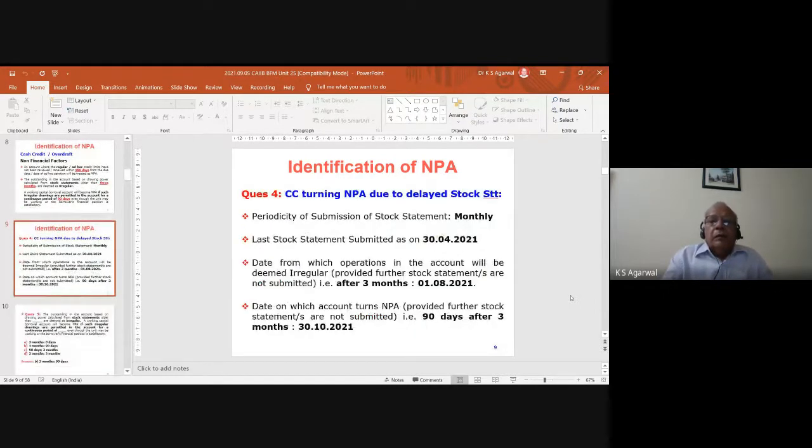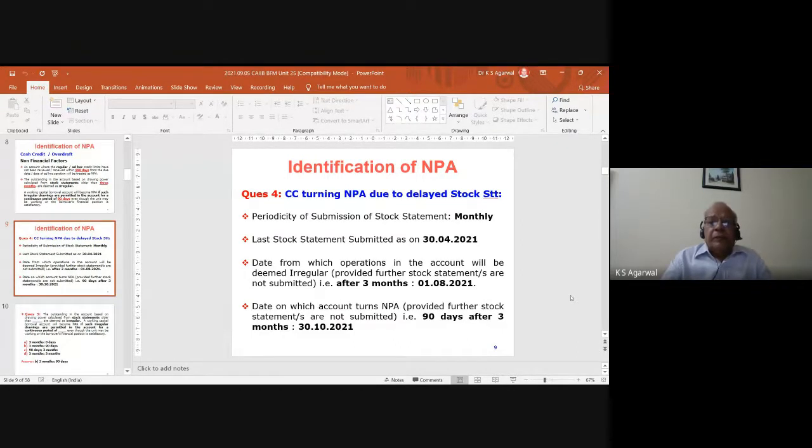Normally, the periodicity of stock statement is monthly. Suppose the borrower submitted the last stock statement as on 30th April 2021. So this statement must have reached the branch in the first week of May. Then we enter the necessary details in our system.